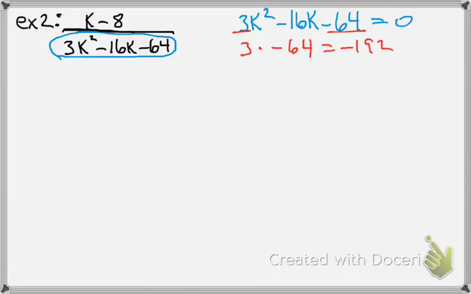So factors of negative 192, well, we have a 1 and a negative 192. We have a negative 1 and a positive 192. We have a 2 and a negative 96. We have a negative 2 and a positive 96.